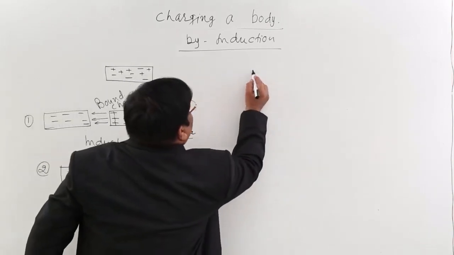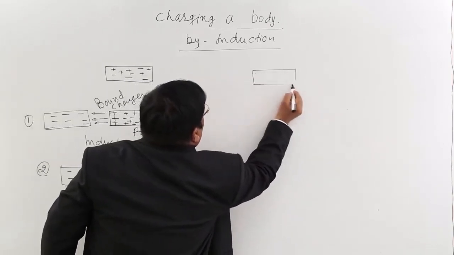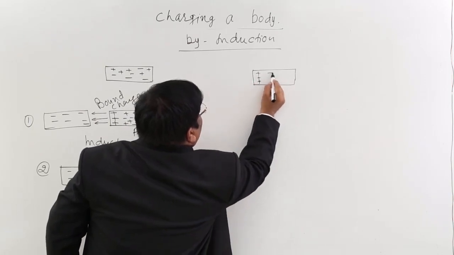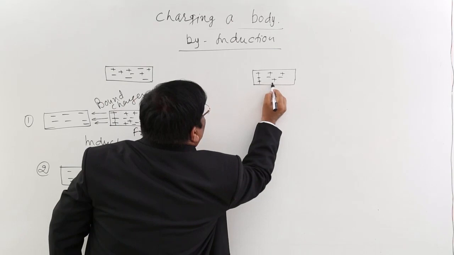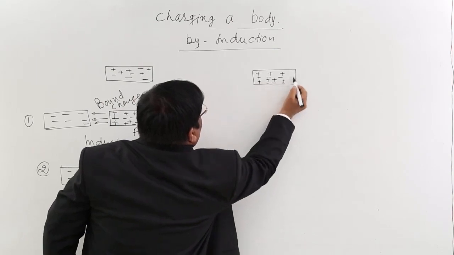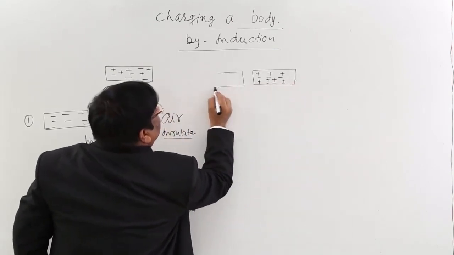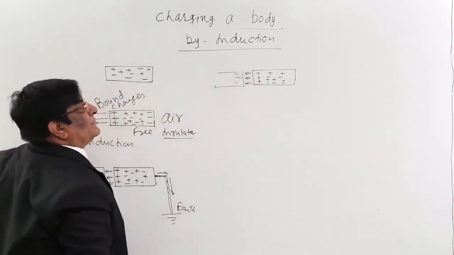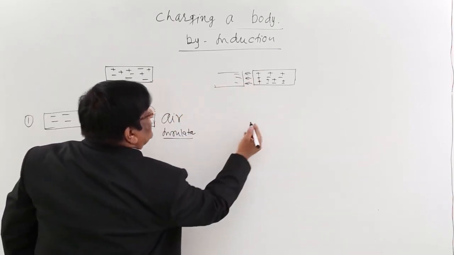If we cut this path, then these charges are there and these charges are there, and still these are being attracted. Next, we remove this.